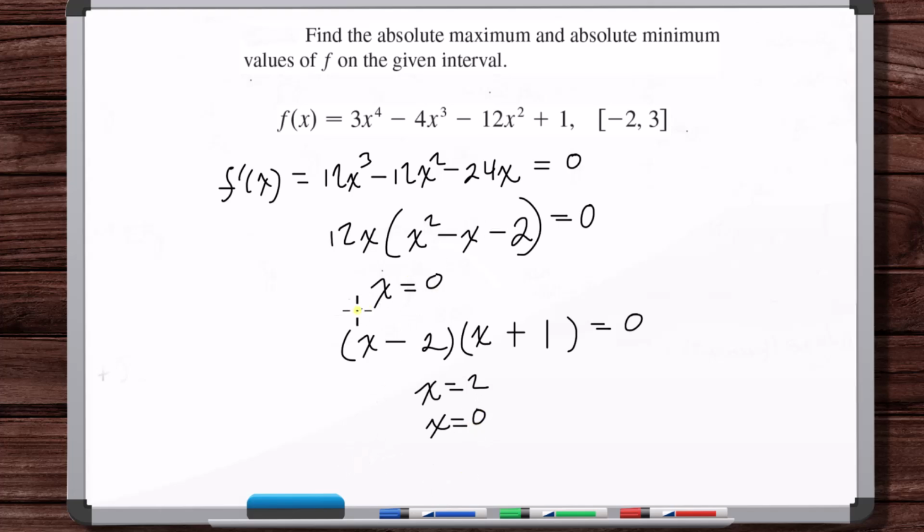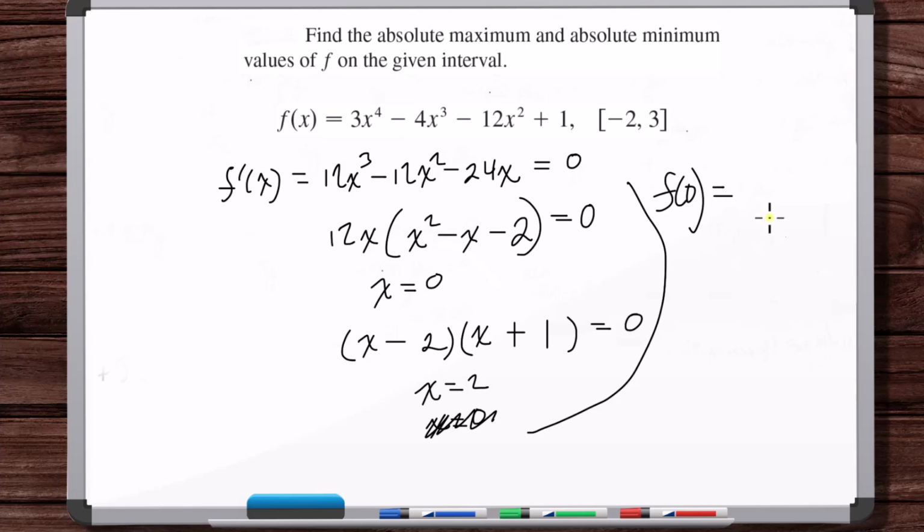All right. So now we need to find f of 0, f of 2, f of minus 2, f of 3.